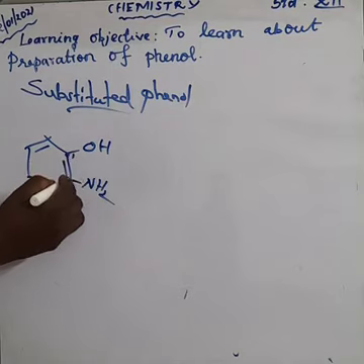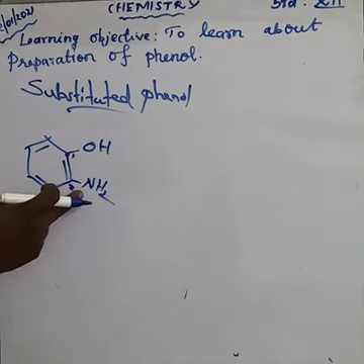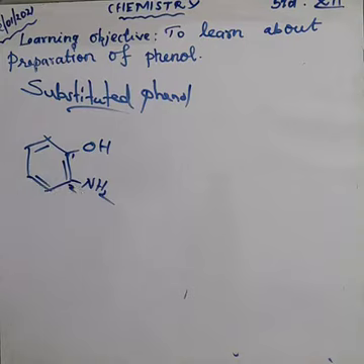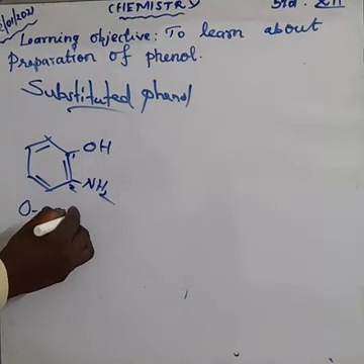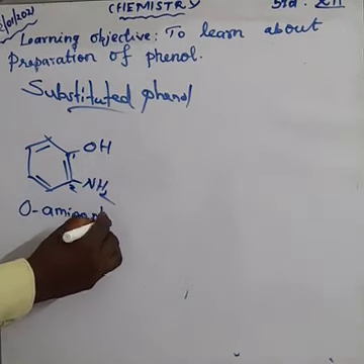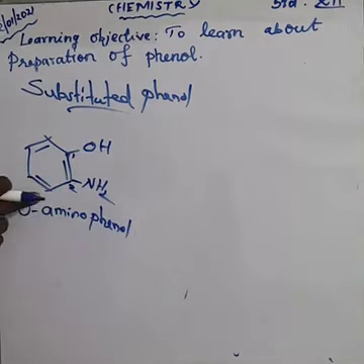Okay, this is number 1, 2. This is an ortho position. Ortho position having amino group. So ortho amino phenol, otherwise 2-amino phenol. Like that, the second position is meta amino phenol. Third is para amino phenol.